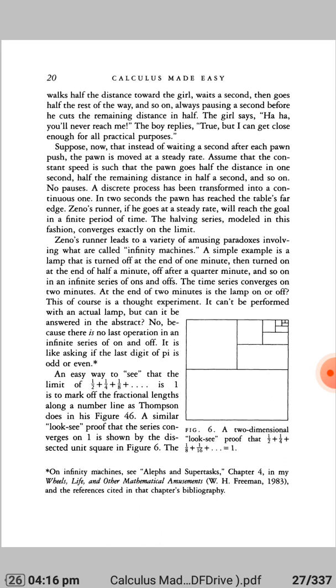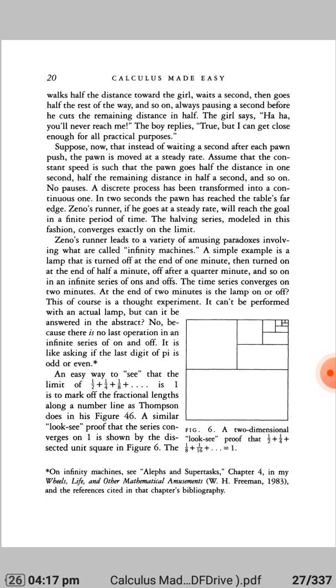An easy way to see that the limit of 1/2 plus 1/4 plus 1/8 plus so on is 1 is to mark off the fractional lengths along a number line, as Thompson does in his figure 46. A similar look-see proof that the series converges on 1 is shown by the dissected unit square in figure 6.